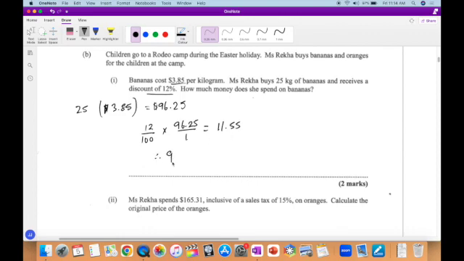So therefore, 96.25, and yes, you should write all your steps, minus 11.55 will give us 96.25 minus 11.55. Is that it? Yeah. About $84.70.